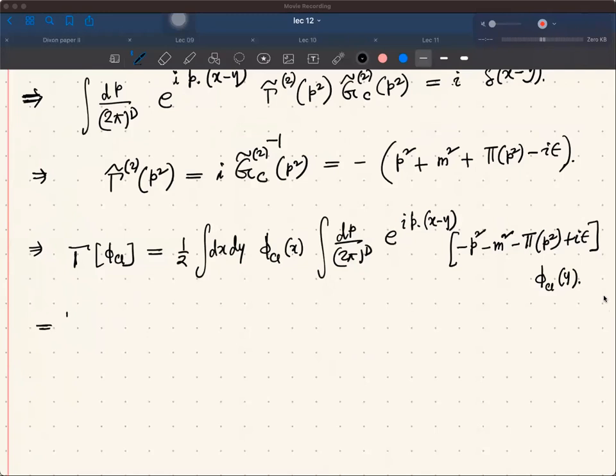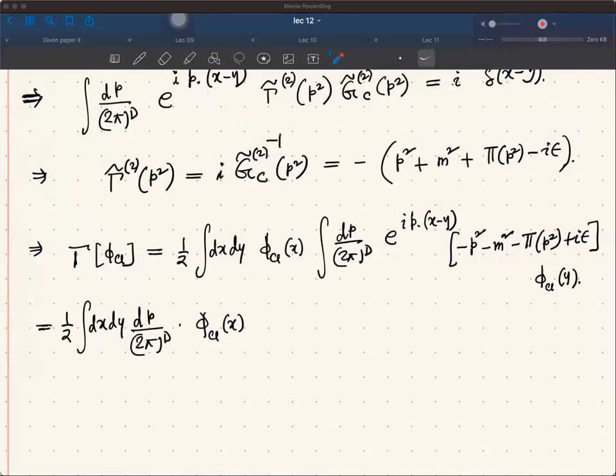This you can write as half dx dy dp over (2π)^d, then φ_cl(x), and what I'm going to do is to write this phase factor on the right hand side of this factor, and then write p². For each p² I write a differential operator with respect to y.